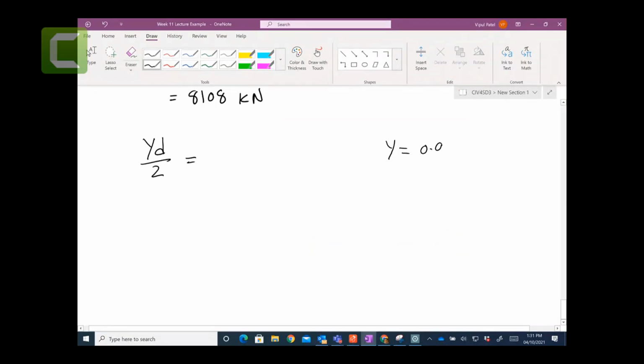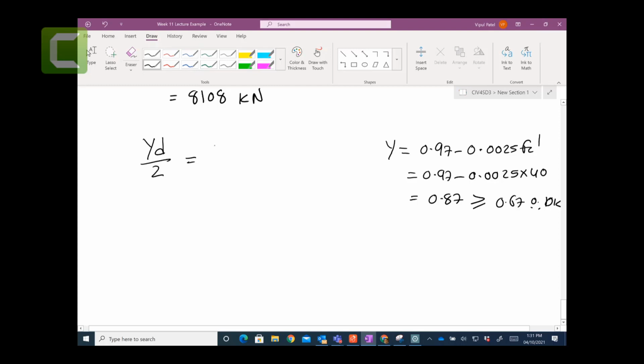I think you know this gamma value from your previous lectures: 0.97 take away 0.025 fc dash. So 0.97 take away 0.025 times 40, you get 0.87, which is greater than or equal to 0.67. So therefore it is okay.